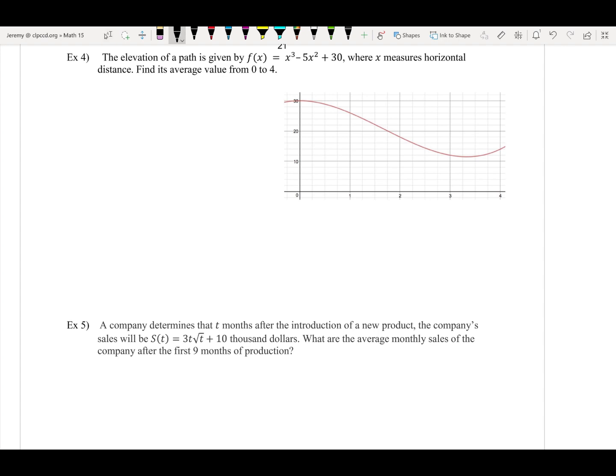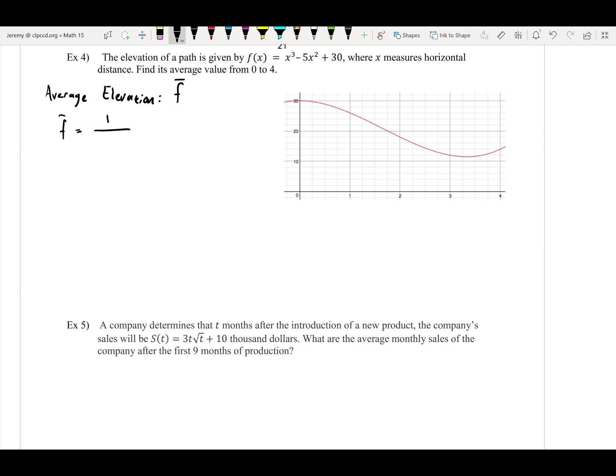Let's apply this formula. The average elevation will just be the average value of the function f. So it's going to be f bar. So let's find f bar. This is going to be equal to, the formula is 1 over b minus a. What is b?